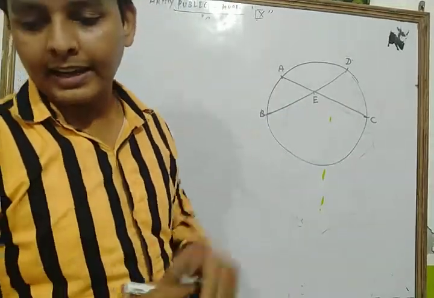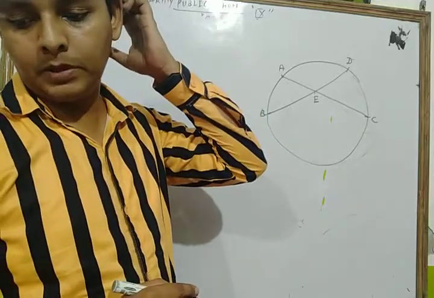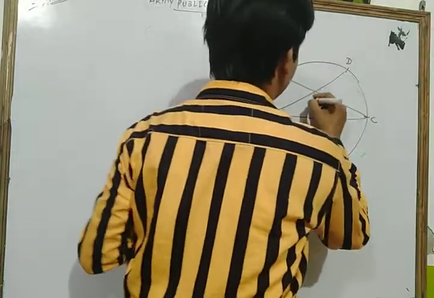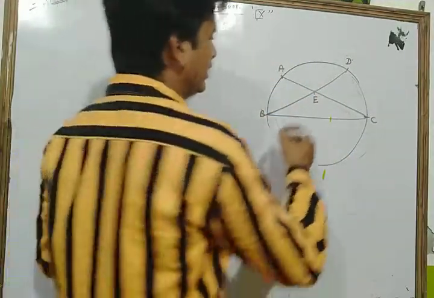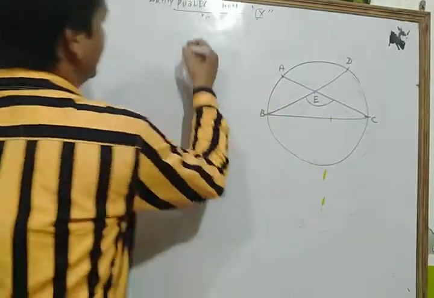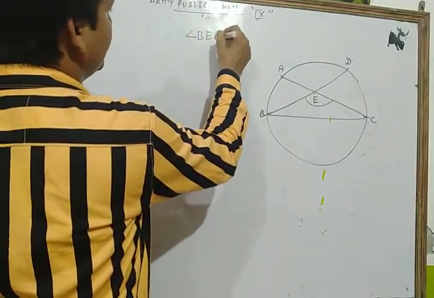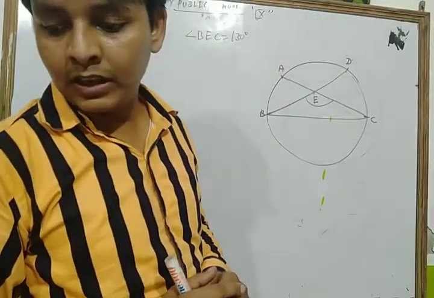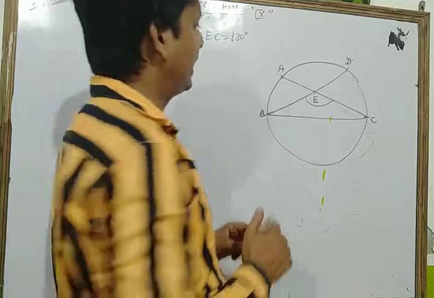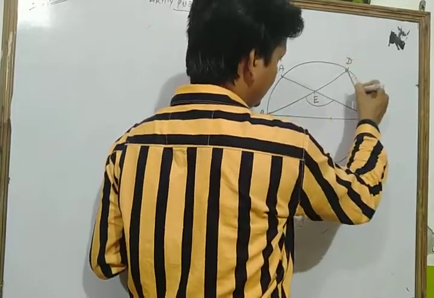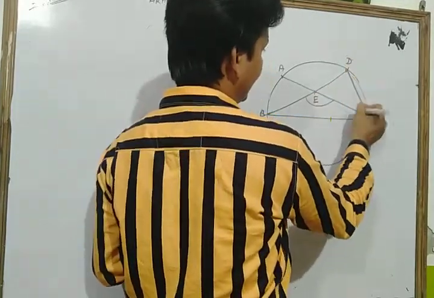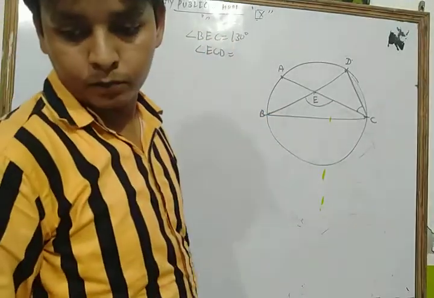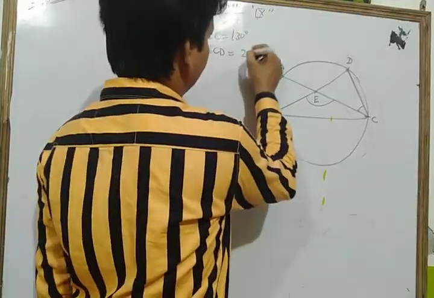Now, such that angle BEC, so we join BC. Angle BEC is given as 130 degrees. And angle ECD, so we join CD also, angle ECD is given as 20 degrees.